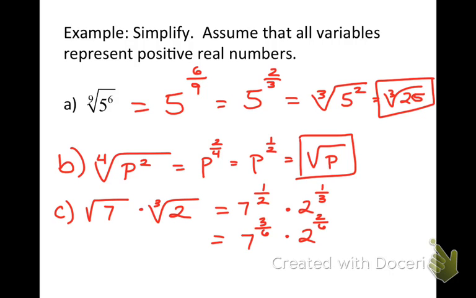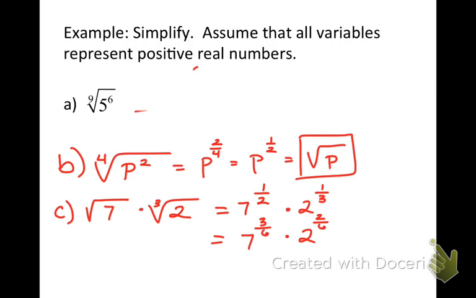Why would I want to do that? Because now what will happen when I go back to my radicals? Won't they have the same index? So I've got 7 to the 3/6 times 2 to the 2/6.